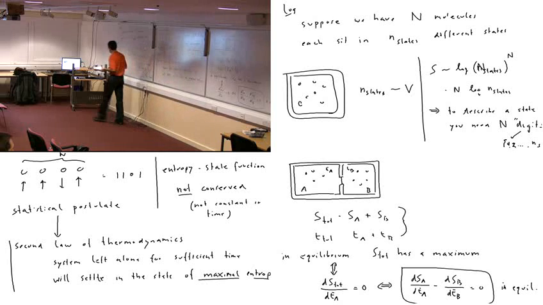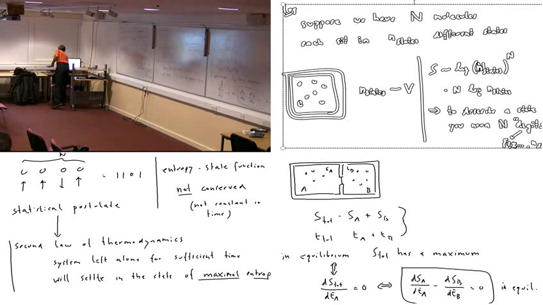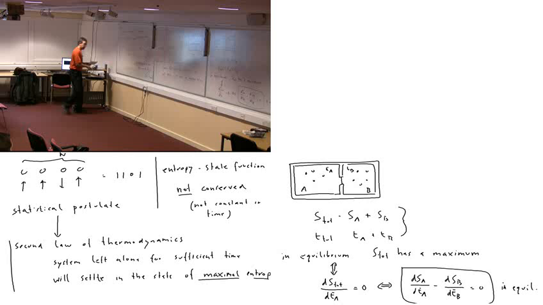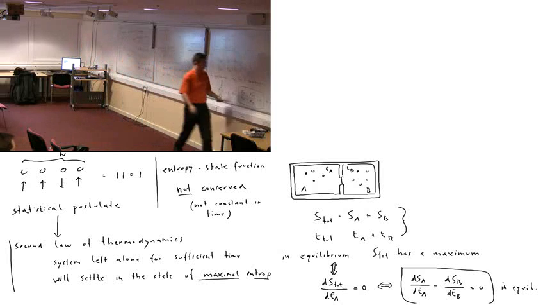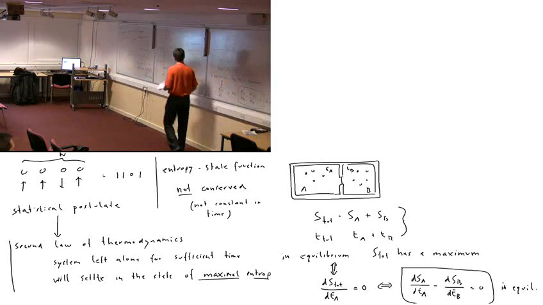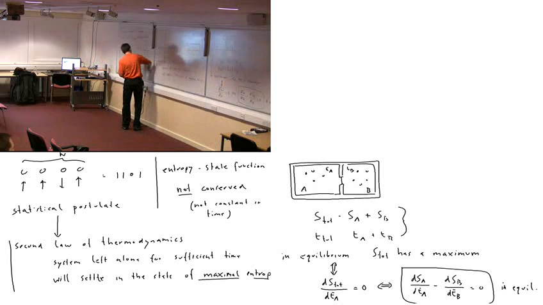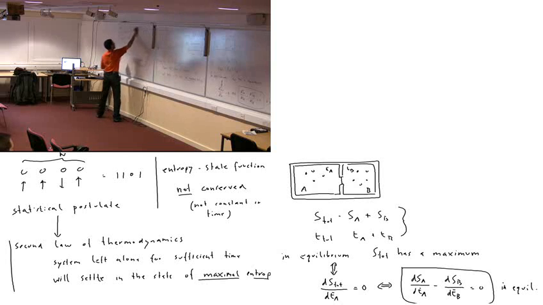Okay, now we'll get back to that in more detail next time, but let me just give you a small preview of that. This relation here, together with the idea that temperature should describe equilibrium situations, moreover, temperature should be well defined for this total system once it has reached equilibrium.